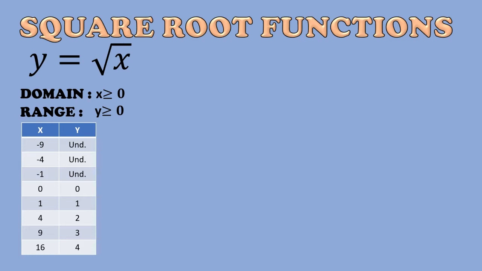If you use -9, it's undefined because the domain is non-negative. -4 is the same, undefined because it's negative. But the square root of 0 is 0. The square root of 1 is 1. The square root of 4 is 2. The square root of 9 is 3. And the square root of 16 is 4.